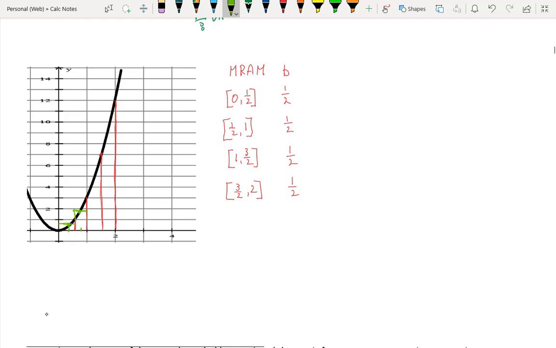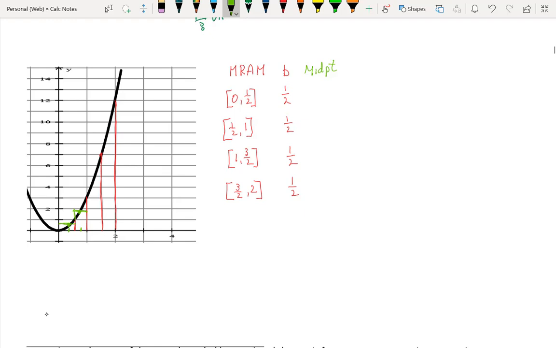So the height, okay, so I'm going to talk about it in terms of this first rectangle. This first rectangle is the midpoint between 0 and a half. Well, how do you find a midpoint? You add up the interval and divide it by 2. So this would be 1/2 times the, let me see here, we need the height. Oh, I need the midpoint first. Let me do this. Midpoint. All right, so I need to know exactly what the midpoint is.